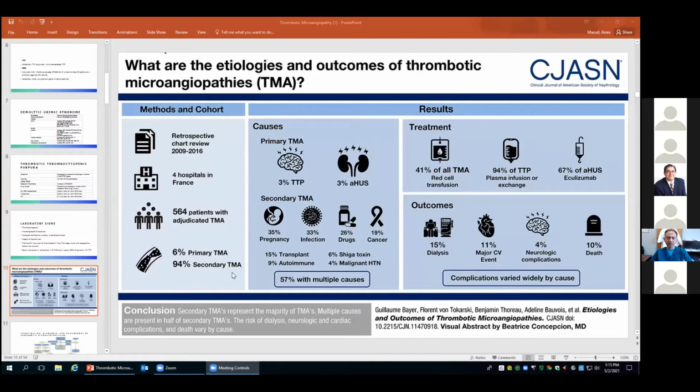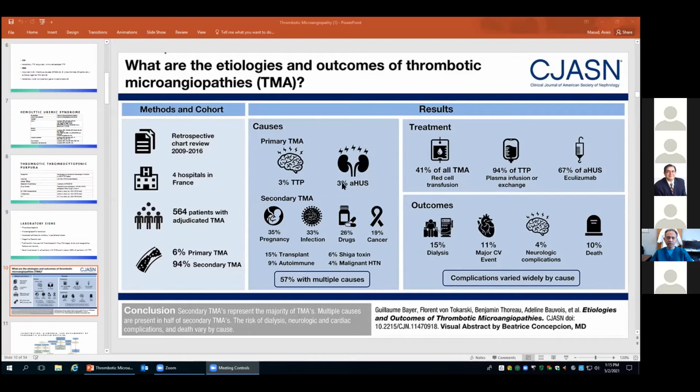Secondary TMA, from pregnancy, infection, malignancy, are more common causative factors in forming TMA. So primary TMA, TTP 3% in their record, and HUS 3%. And for secondary TMA, you can say pregnancy is the most common factor, then infection, drugs, and cancer.